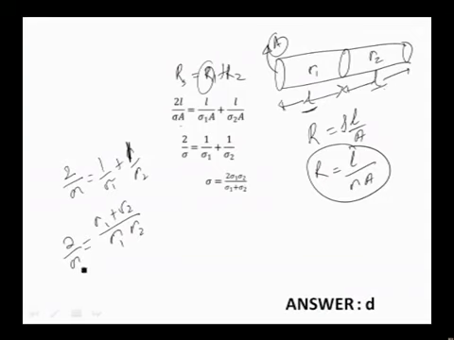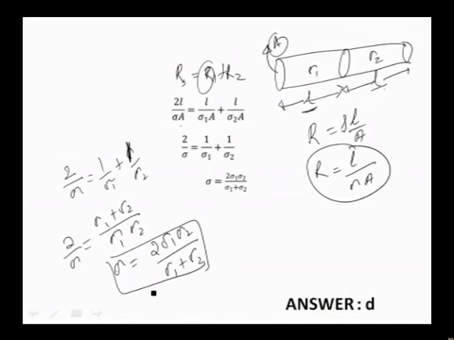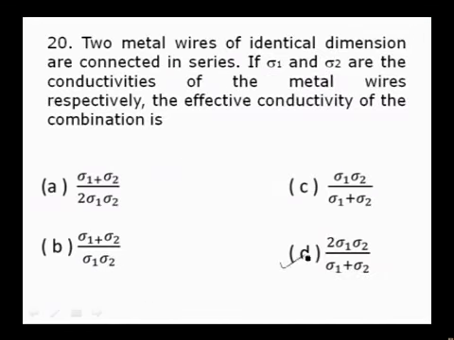We want the value of sigma. Sigma is equal to 2 sigma 1 sigma 2 divided by sigma 1 plus sigma 2. So, for the given problem, the correct option is D. So, this is the correct option.